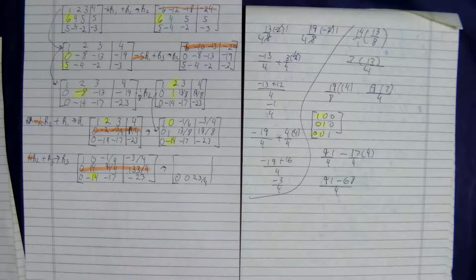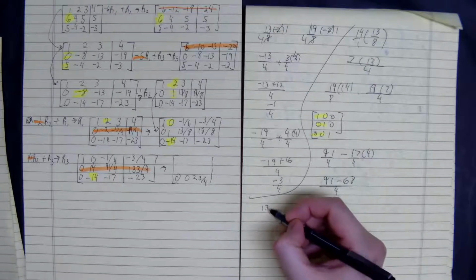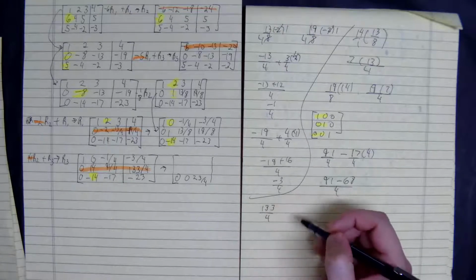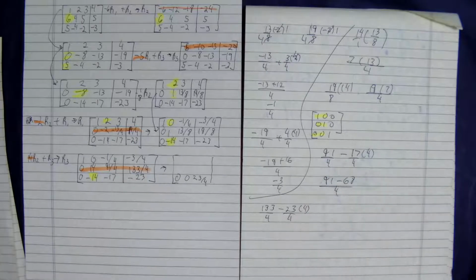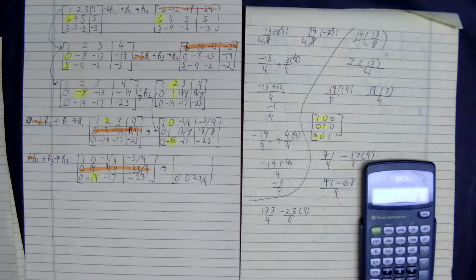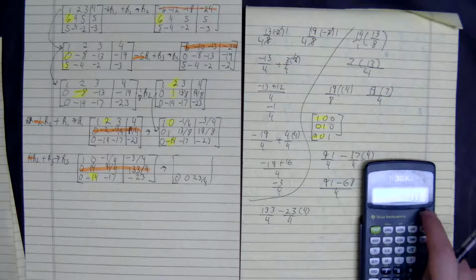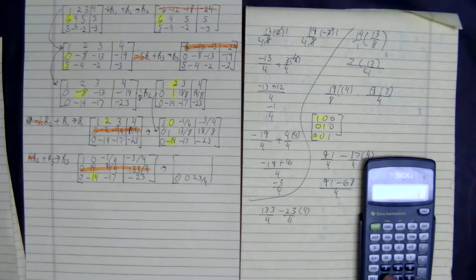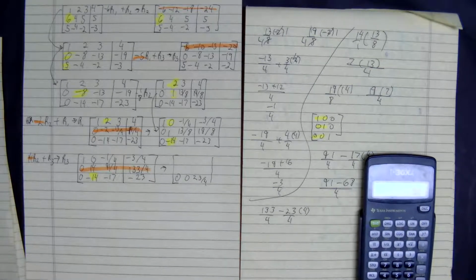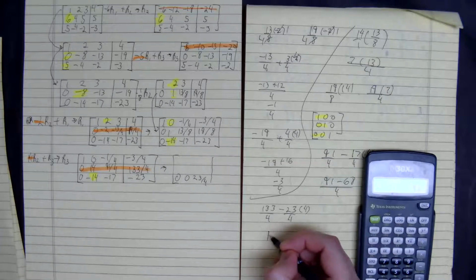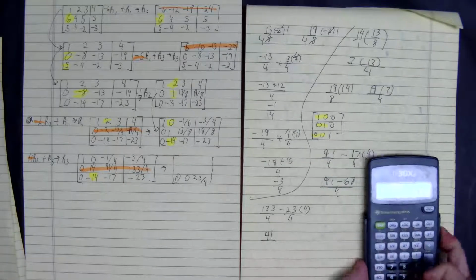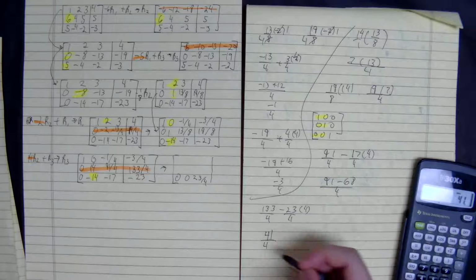And then here, we've got to do it again. 133 over 4 minus 23. Put a 4 here, multiply this by 4. So 23 times 4 is 92, 133 minus 92 gets you 41. So we get 41 over 4.